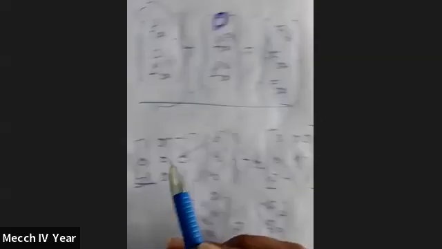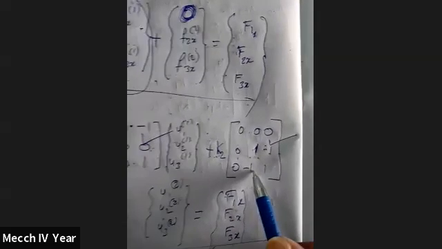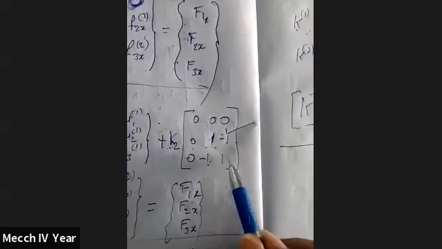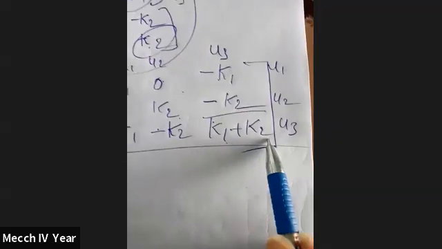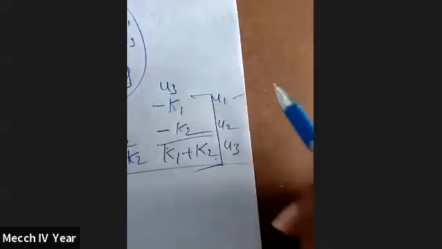Here 0, and in this one 1, minus 1, so minus K2, minus K2. Now here is 1, that means K1. Now come to here, this is also positive 1, that means K2. So both are K1 plus K2, associated with U1, U2, U3, like that. Okay, sir. Thank you.